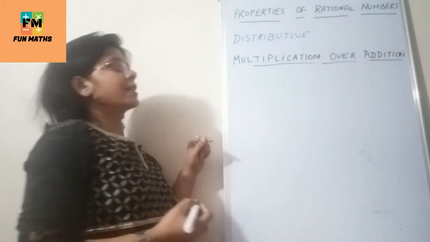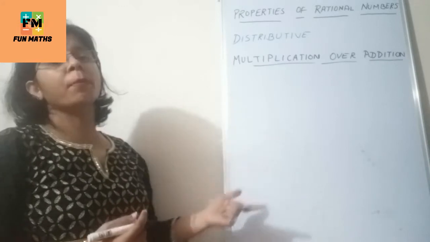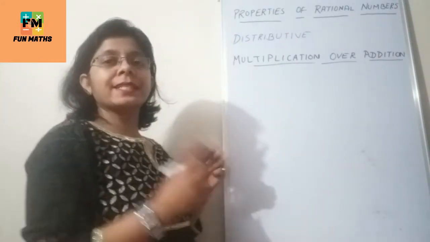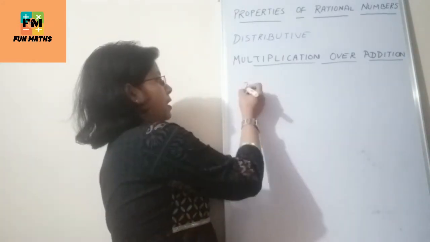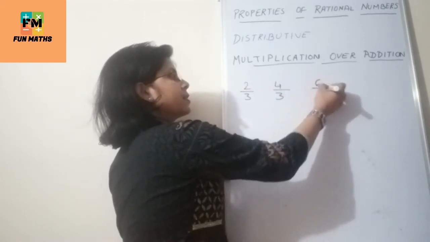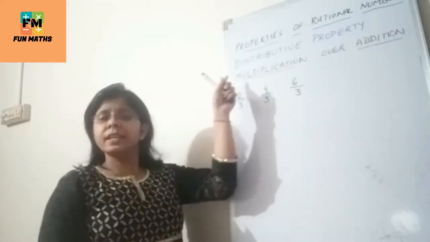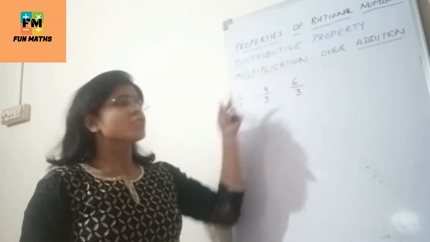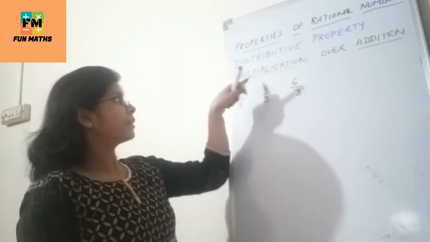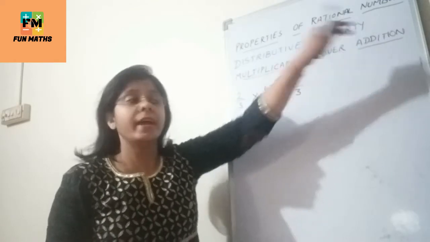Now to understand how these two operations will happen together, let's take an example of three rational numbers. Let's start with 2 by 3, 4 by 3 and 6 by 3. As the name suggests, multiplication over addition. So simply we can understand that first we have to put the multiplication symbol, then what do we have? Addition.